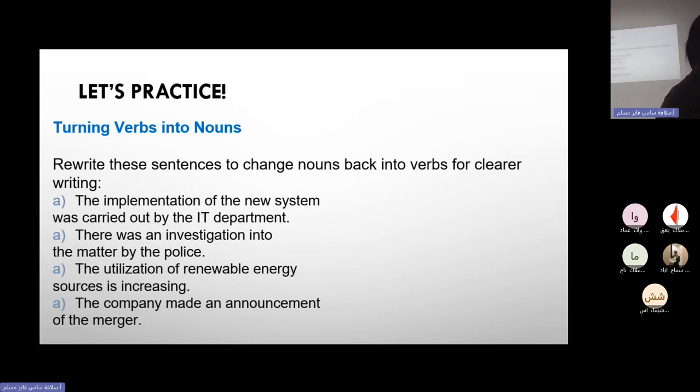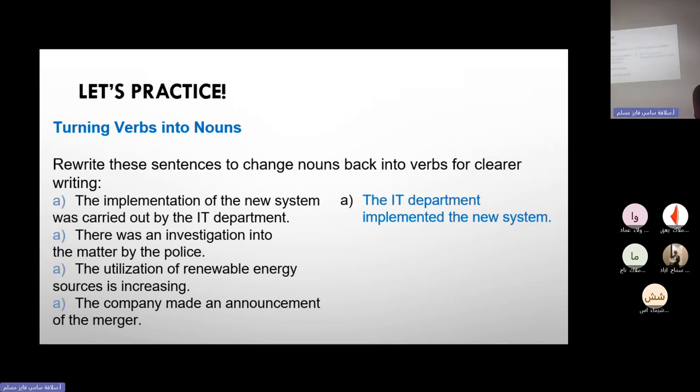Okay. كيف بدنا نحول الnoun للفعل؟ شو بنقول؟ The IT department implemented the new system. It made it easier. It made it clearer.